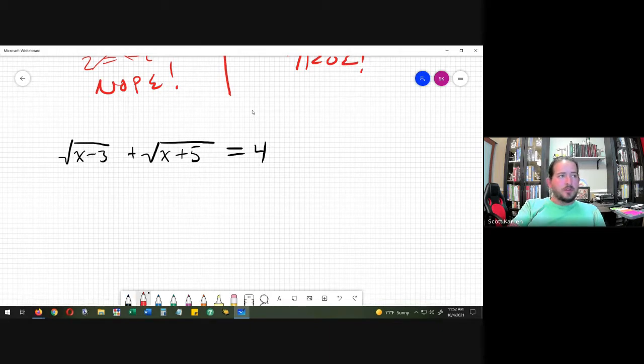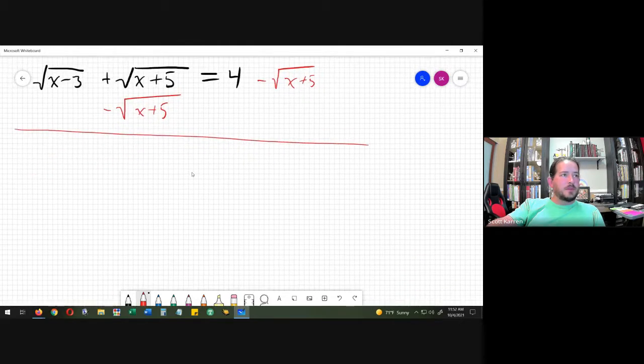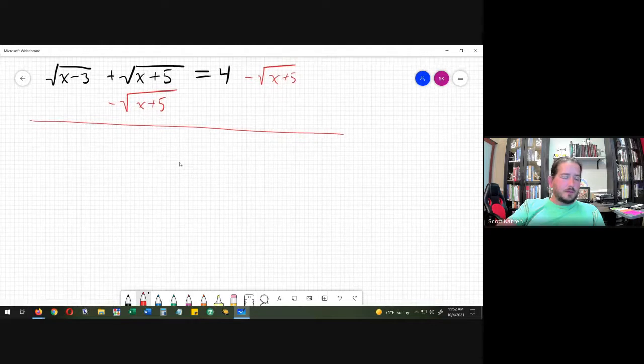So what I'm going to do is I'm going to subtract the square root of x plus 5 on both sides. And that gives me the square root of x minus 3 equals 4 minus the square root of x plus 5.